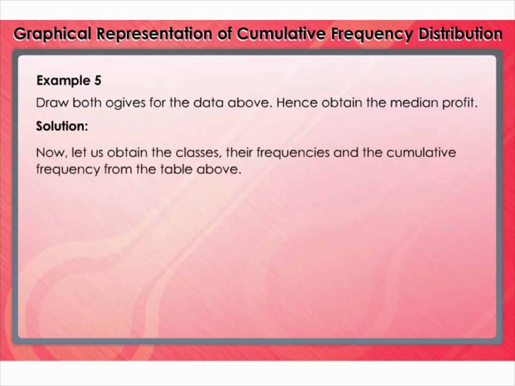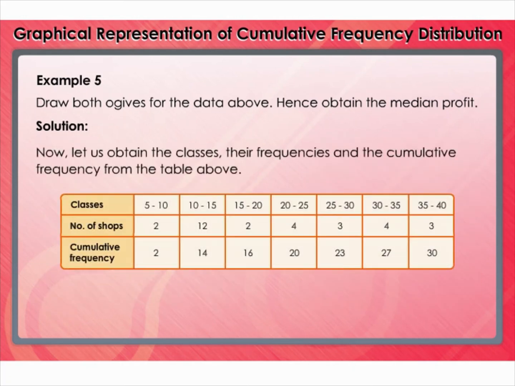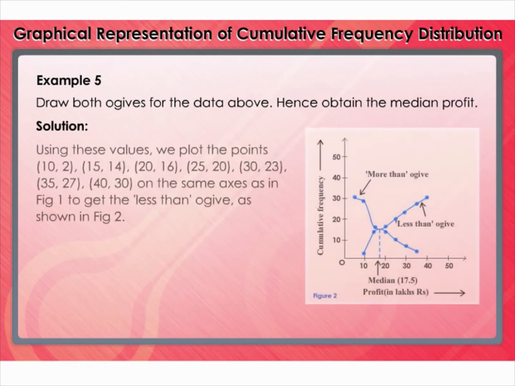Now let us obtain the classes, their frequencies and the cumulative frequency from the table above. Using these values, we plot the points (10, 2), (15, 14), (20, 16), (25, 20), (30, 23), (35, 27), (40, 30) on the same axis as in figure 1 to get the less than ogive as shown in figure 2.